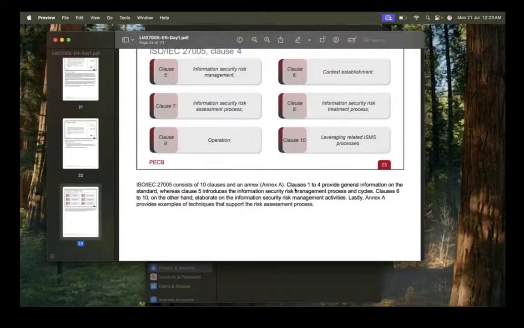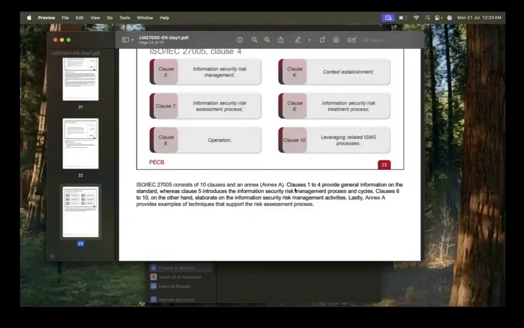Maybe you can keep a note like that: ISO 27005 consists of 10 clauses. Clauses 1 to 4 provide general information. Clause 5 introduces the information security risk management process.